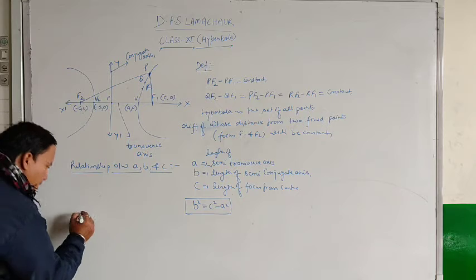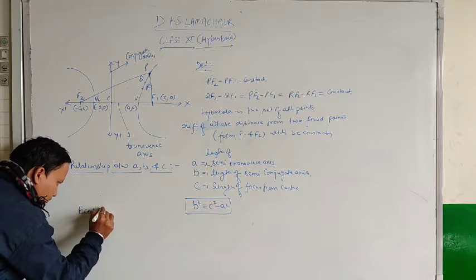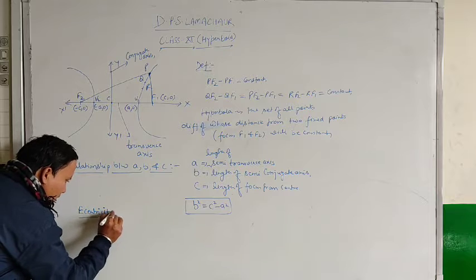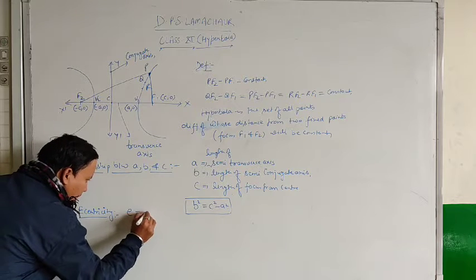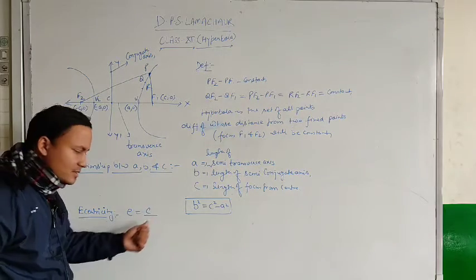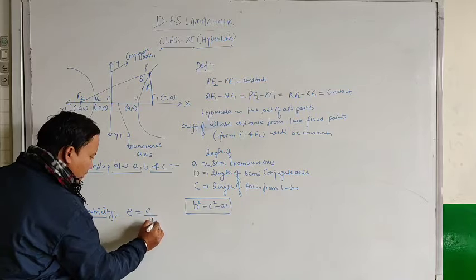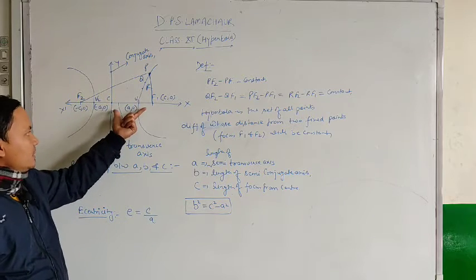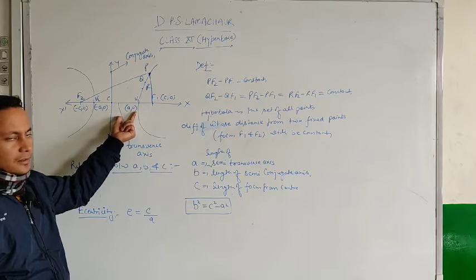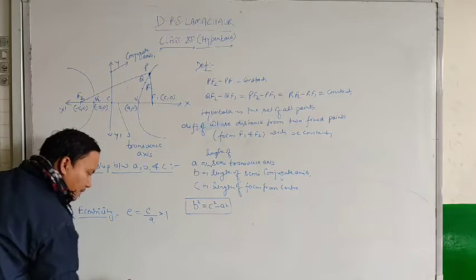Okay. Next, what is eccentricity? We know that eccentricity is the ratio of the distance from center to focus divided by the distance from center to vertex, that is c upon a. And here you can clearly see c is greater than a. The length of c is greater than a, so this ratio must be greater than 1.